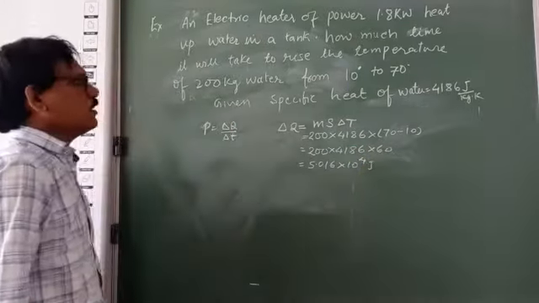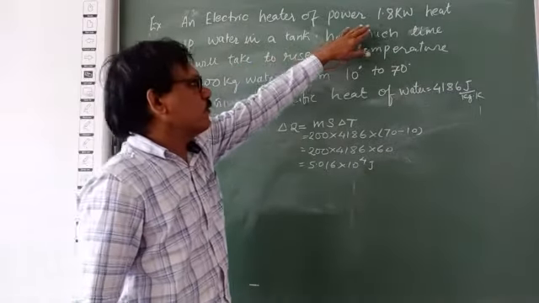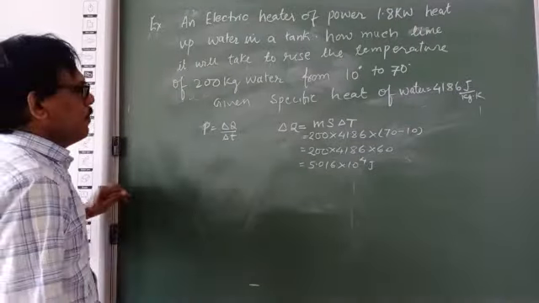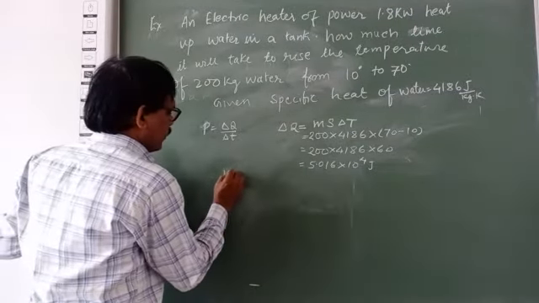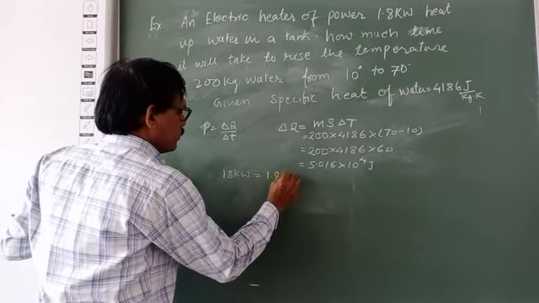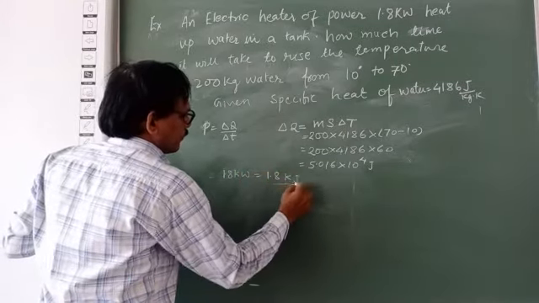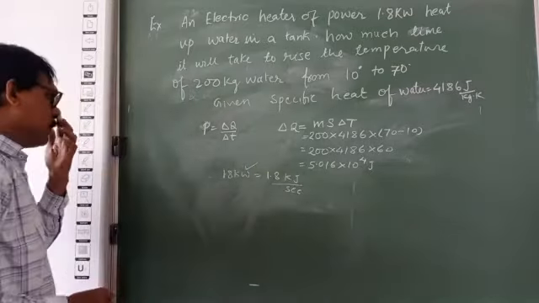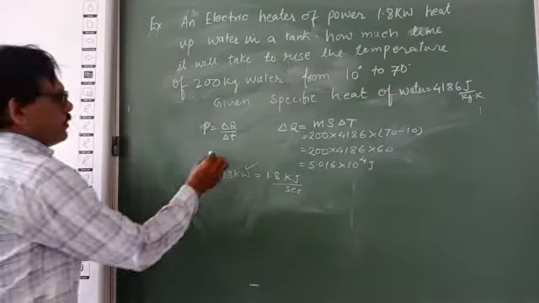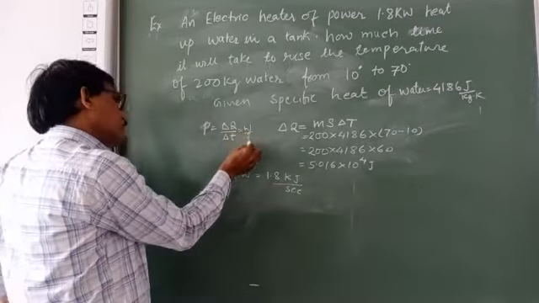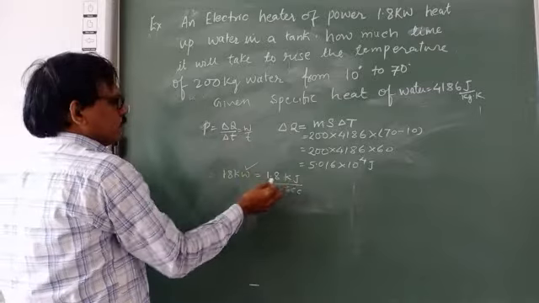Now what is the meaning of having power 1.8 kilowatt? 1.8 kilowatt means 1.8 kilojoule per second, because watt means joule per second. What is the unit of power? Power is work upon time, so joule per second.